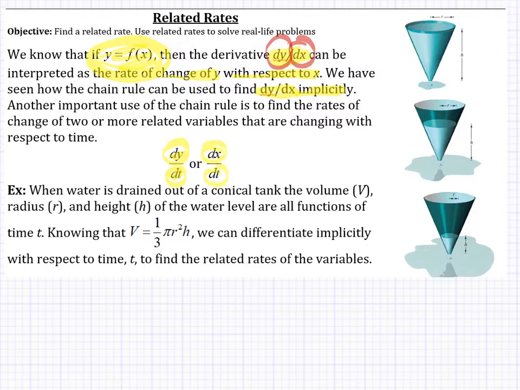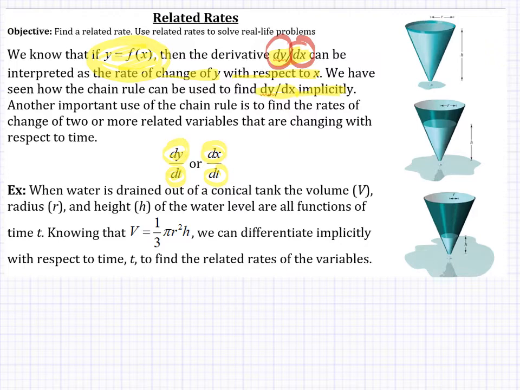So we're going to look at an equation that has multiple variables in it, x, y, r, h, whatever the variables are, and we're going to see how those variables, those pieces of this equation, can change with respect to t, time, which will not actually be a variable in the equation itself.